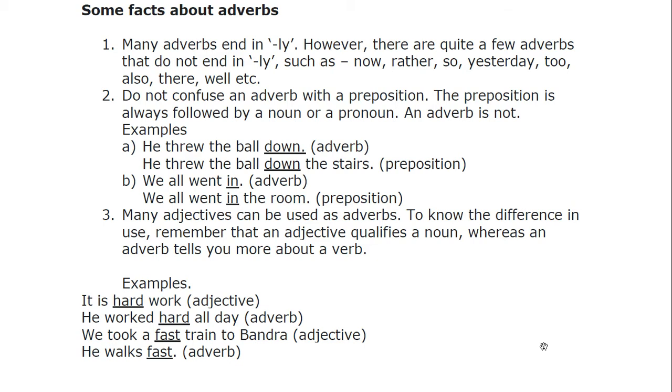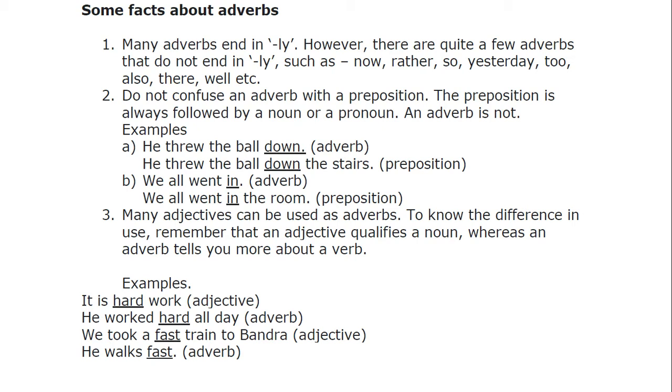Do not confuse an adverb with a preposition. So what is the difference between an adverb and a preposition? That's what we will see now. Even though the word is the same, in one sentence it acts as an adverb, in the other sentence it acts as a preposition. The preposition is always followed by a noun or a pronoun. The adverb is not. Say, he jumped in.